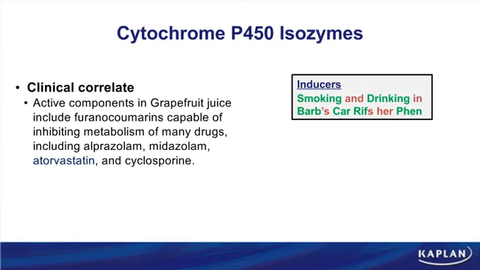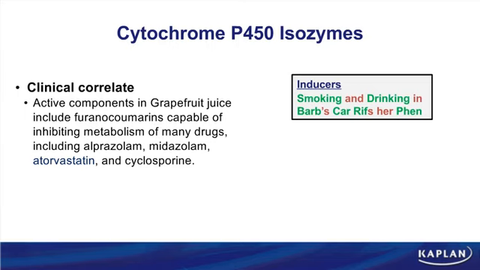So who is Barb? Barb is a barbiturate like phenobarbital. Phenobarbital is a classic inducer. Car, carbamazepine, one of our anticonvulsants, very popular drug. Notice smoking and drinking in Barb's car riffs her fin. Now, rifampin.